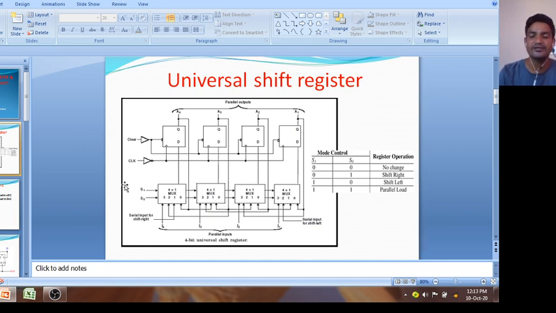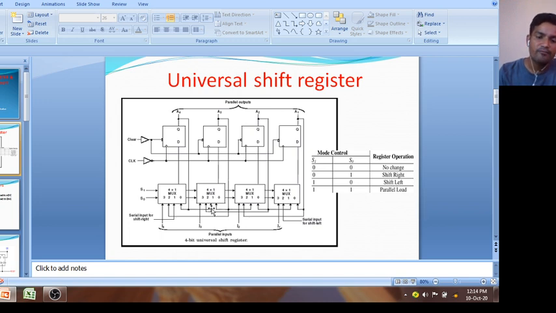When the value of mux select lines S1 and S0 is 0 0, in that case there will be no change. Okay, when it is 0 1, data will be shifted towards right direction. When the value is 1 0, data is shifted towards left direction. When 1 1, there will be parallel load. Okay, parallel means simultaneously you can take the output.